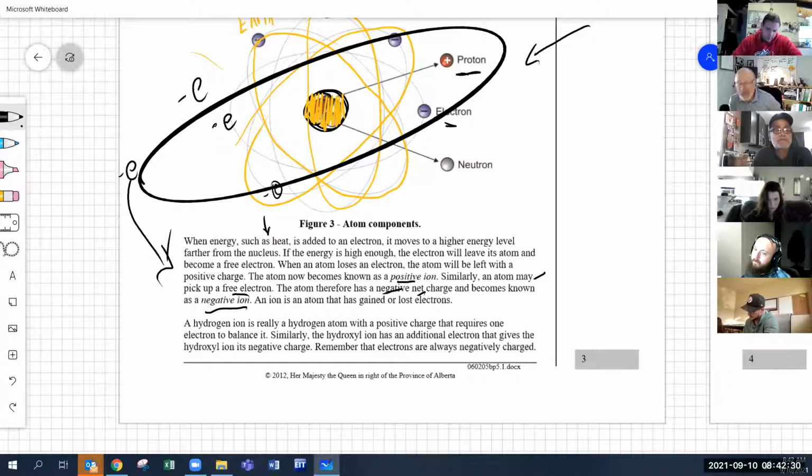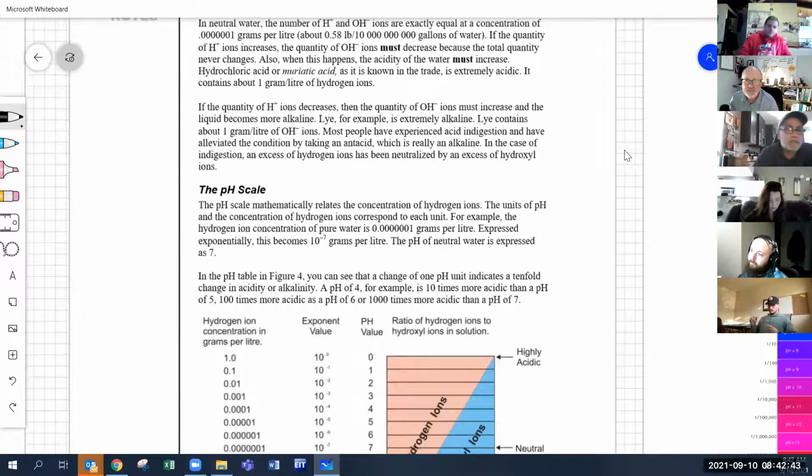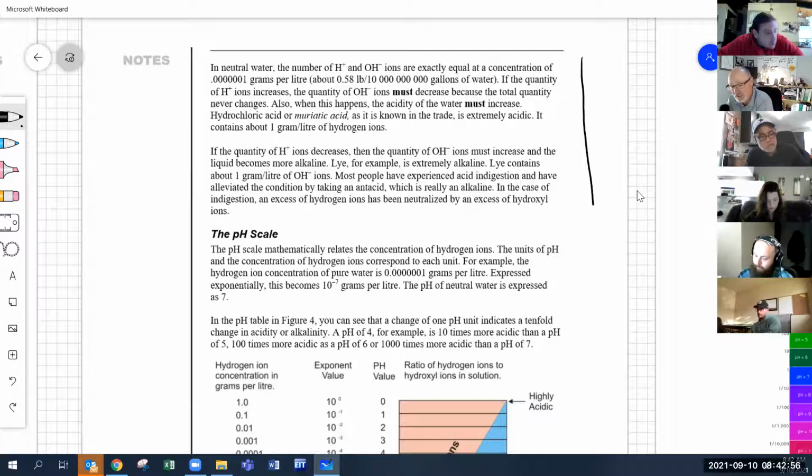So that's kind of what happens when minerals are introduced into our water, right? We have all these extra little things going on in there. And this way, we can determine, now, I'm not going to go on to talk about how it's actually done, but we can determine whether something is acidic or alkaline by these hydrogen ions.